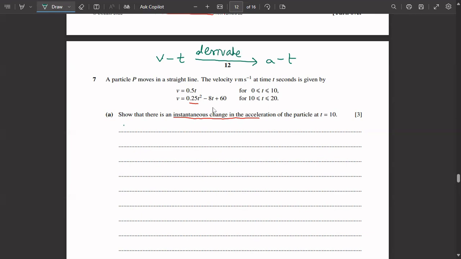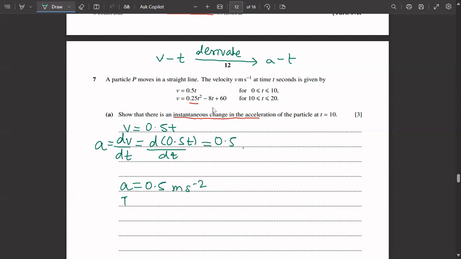So the velocity is 0.5t. So the acceleration will be the derivative of 0.5t, which is 0.5. So acceleration equals 0.5 meter per second square for time between 0 to 10 seconds.